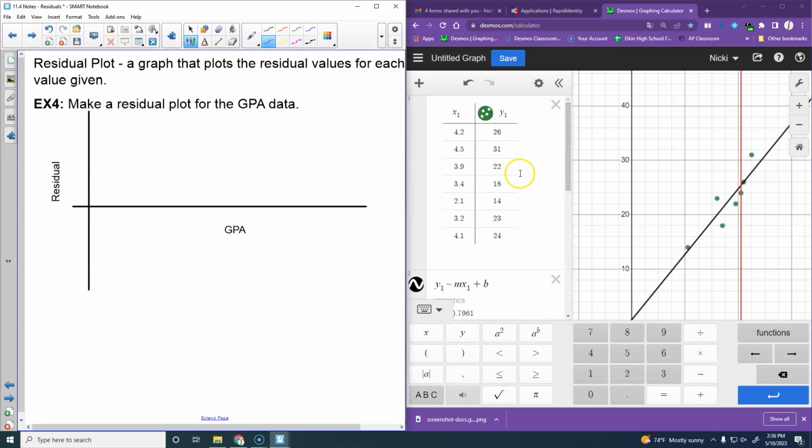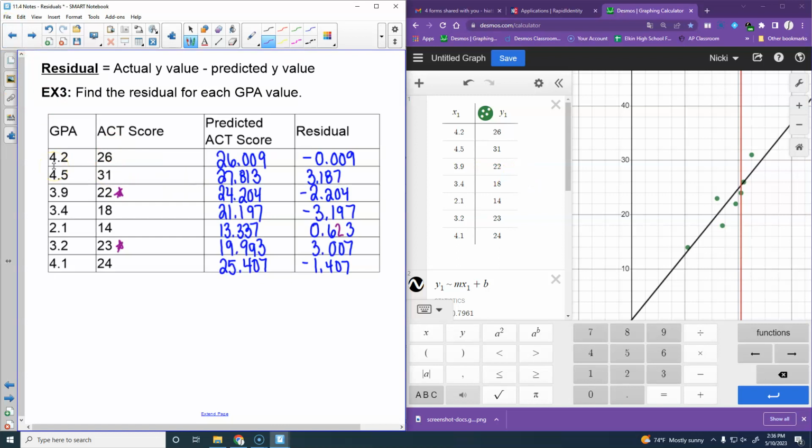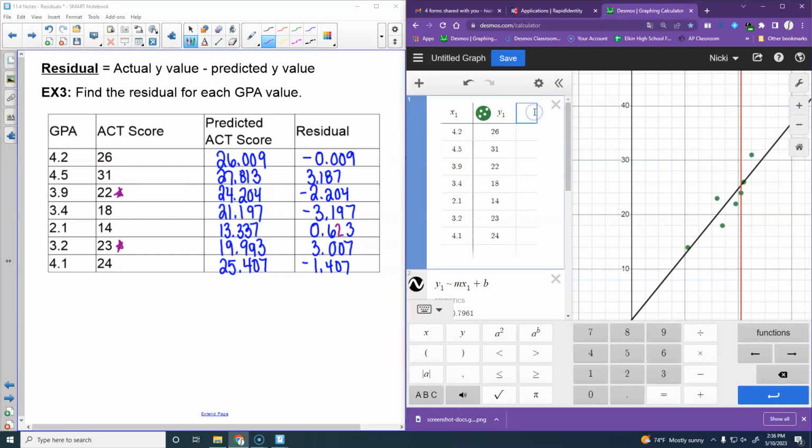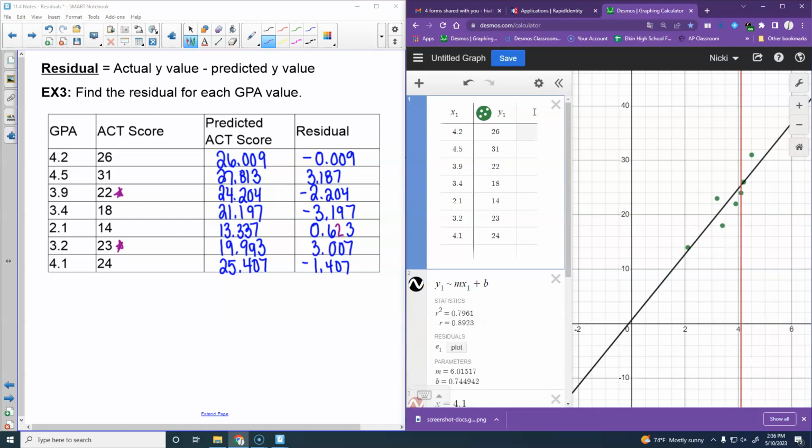I need the table that I have on the last page. I can do this. Let's add another one right here. I'm going to enter those residuals. So, -0.009.